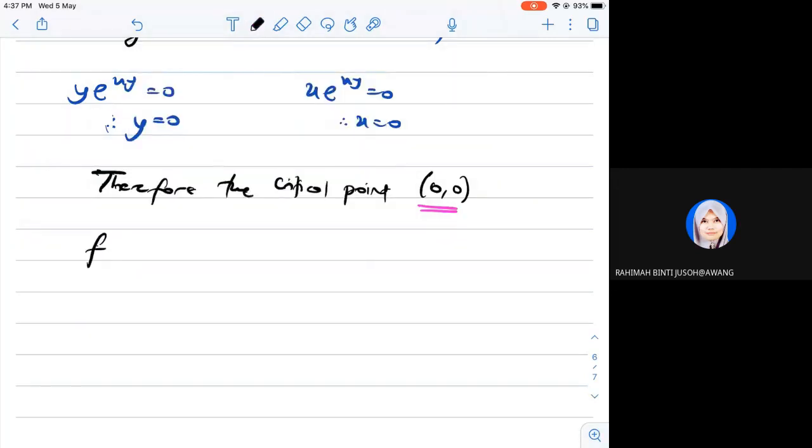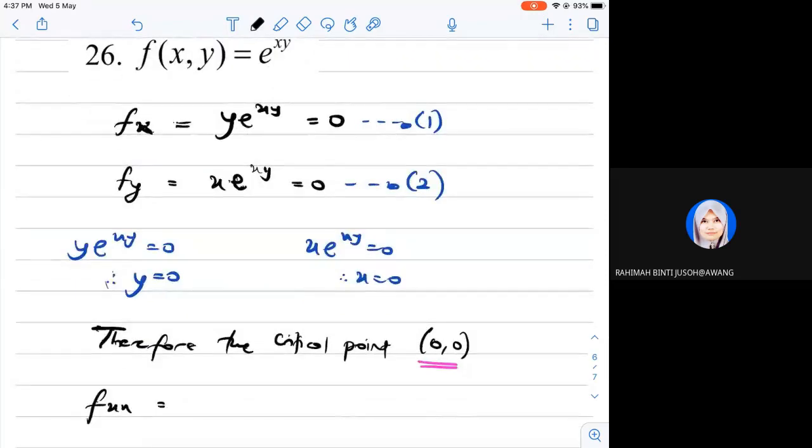Okay, so cari fxx. Differentiate again this with respect to x. You perlu pakai product rule tak? Perlu. Differentiate terhadap x. You sure? Bila differentiate terhadap x, y tu constant kan? Anggap y sebagai nombor.